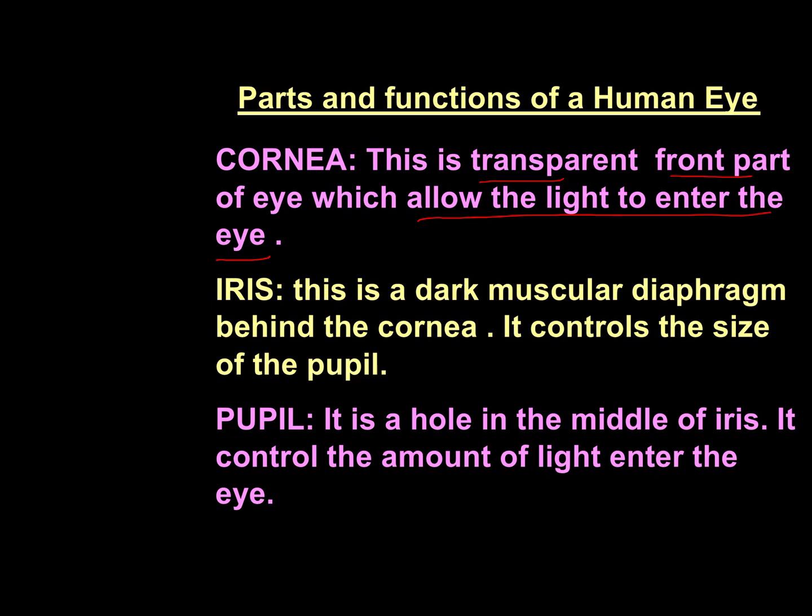So what is iris? Iris is a dark muscular diaphragm behind the cornea. Its function is to control the size of the pupil. So what is pupil? Pupil is a hole in the middle of the iris. And what is its function? It controls the amount of light entering the eye.